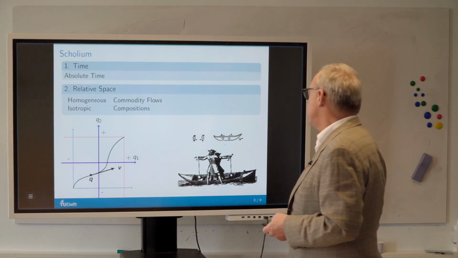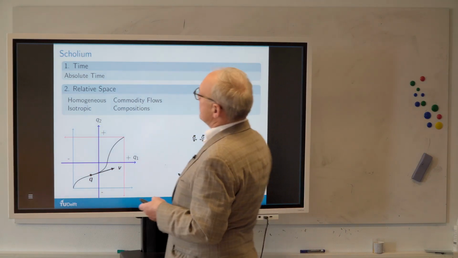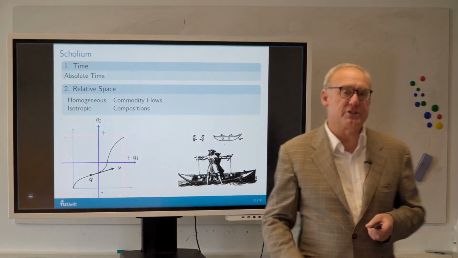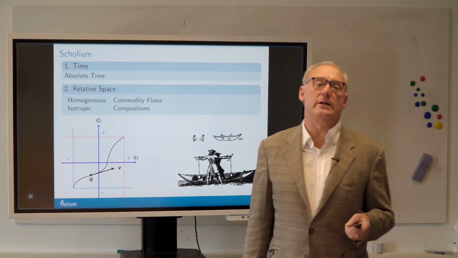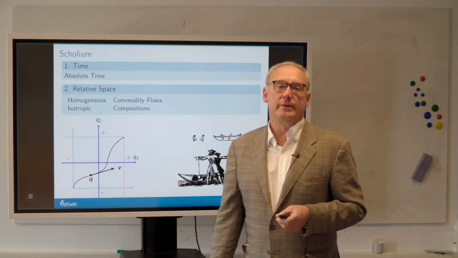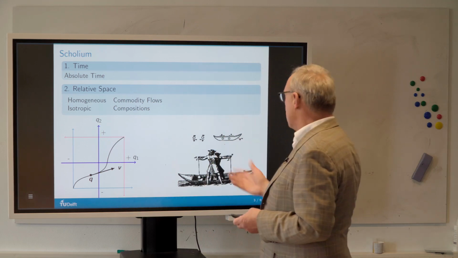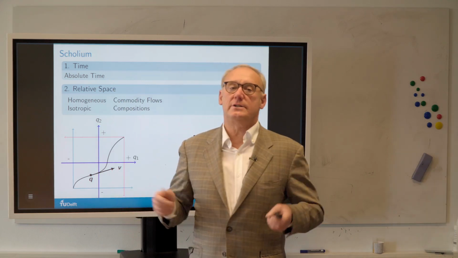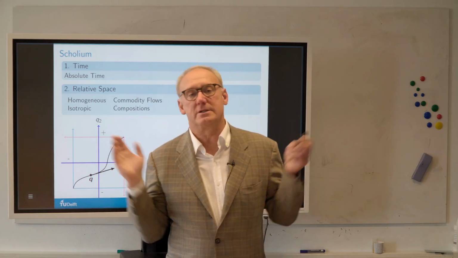Then he has a second book, called the Scholium, and he inserted that later. This was just to lay the foundations to tell everybody what time was and what he meant by space, because it was a little bit confusing. So we talked time, there's not much to say, except that Newton just writes down, time is absolute, it's the same for everybody.